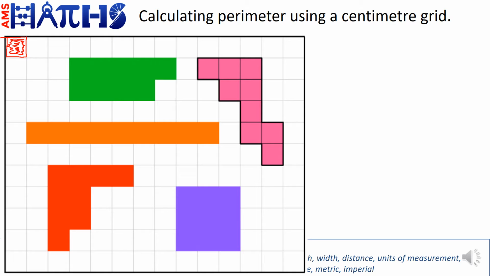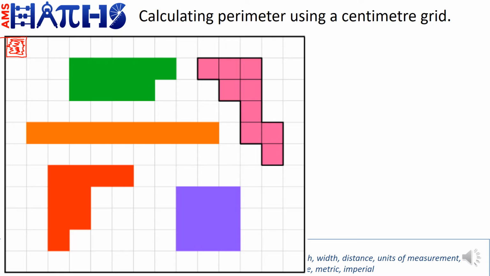Now, our job is to work out the perimeter of these 5 shapes that are on the grid. Starting with the green shape, since we're finding the perimeter, all we need are the lengths that are around this shape.